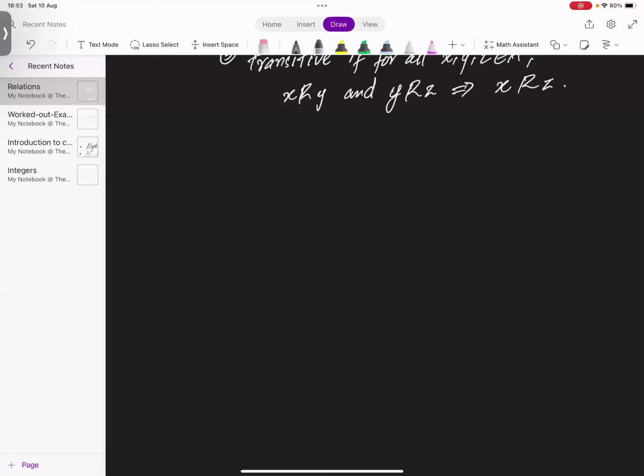Then we have another definition about equivalence relation. 1.3.8.